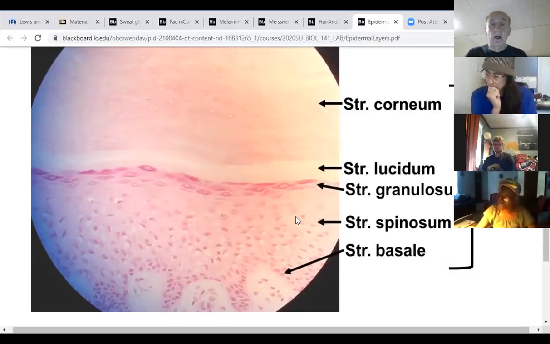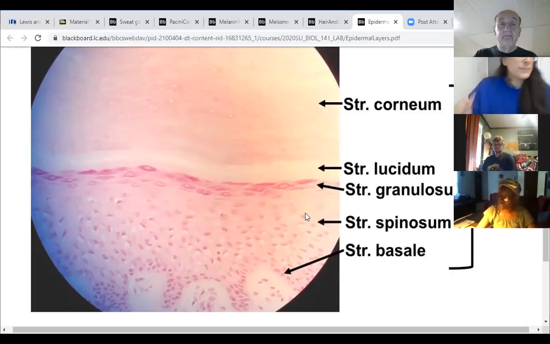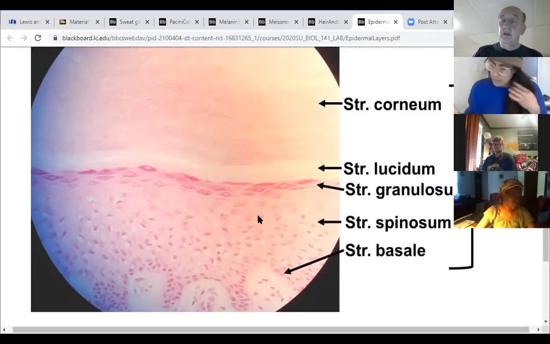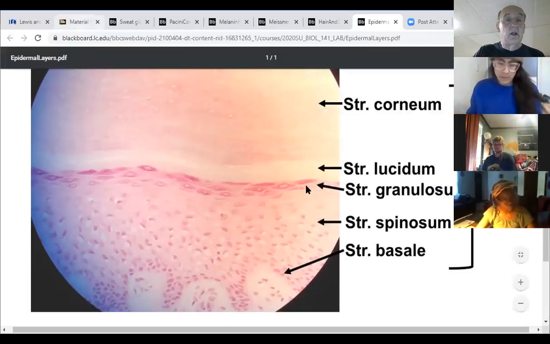Any other question about these layers of the epidermis? We don't have a microscope slide about the layers of the dermis. Most every place you see the papillary region with a little bit of the reticular region.